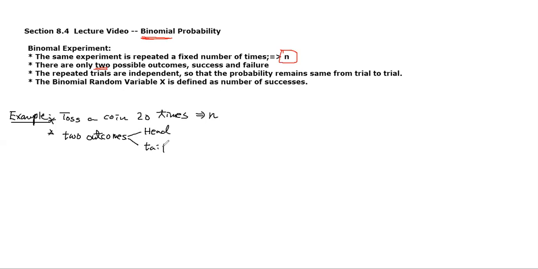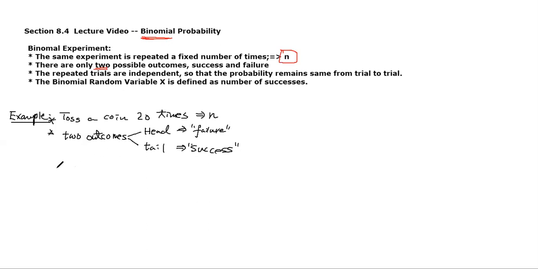One of them you can define as a success and the other as a failure, depending on what you are interested in. I can define tail as a success. It doesn't matter. If one is a success, then the other is a failure. That's condition number 2. You only have 2 outcomes.